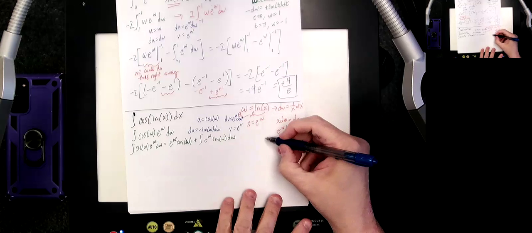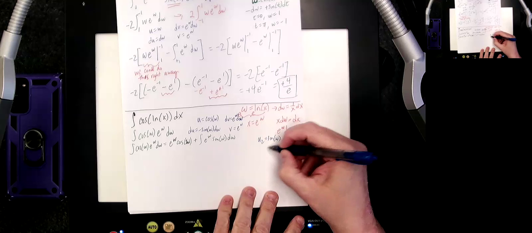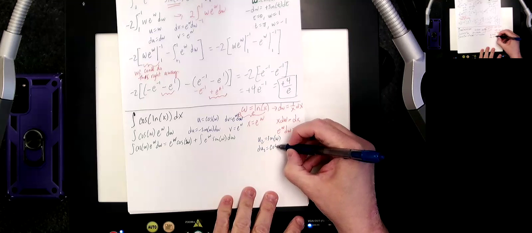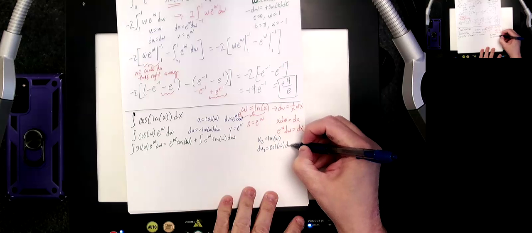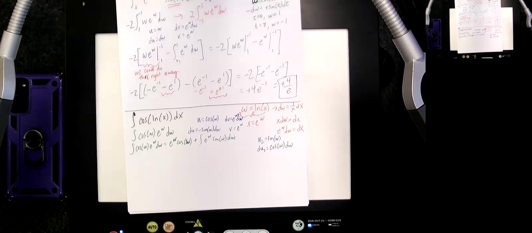Do this again. u2 is sine w, so du2 equals cosine of w dw. And we can reuse v. Let's not write it down again.